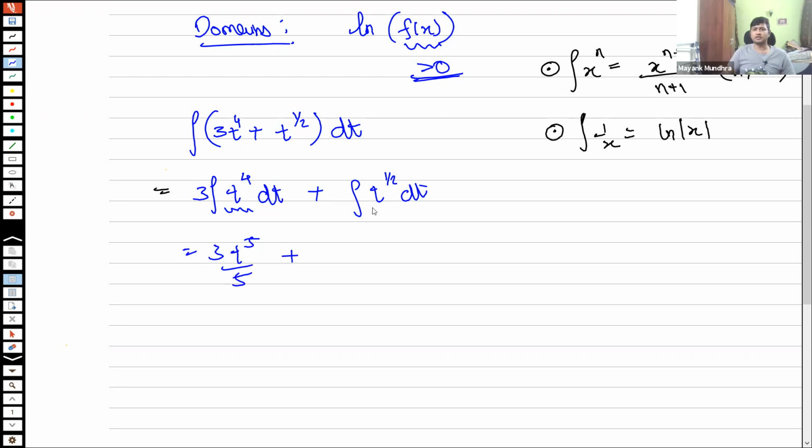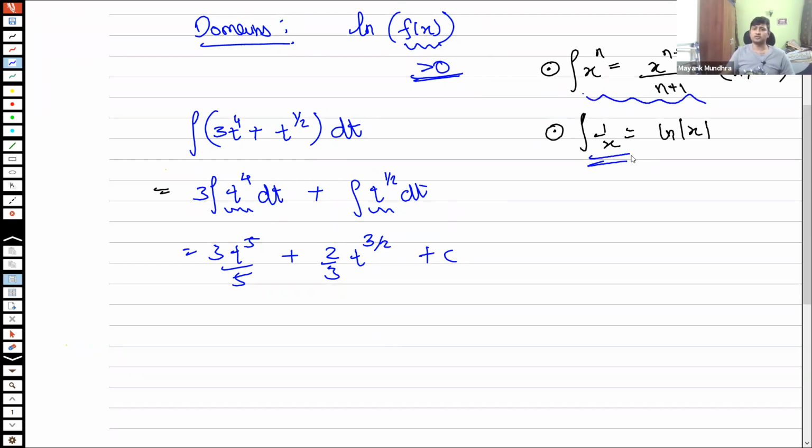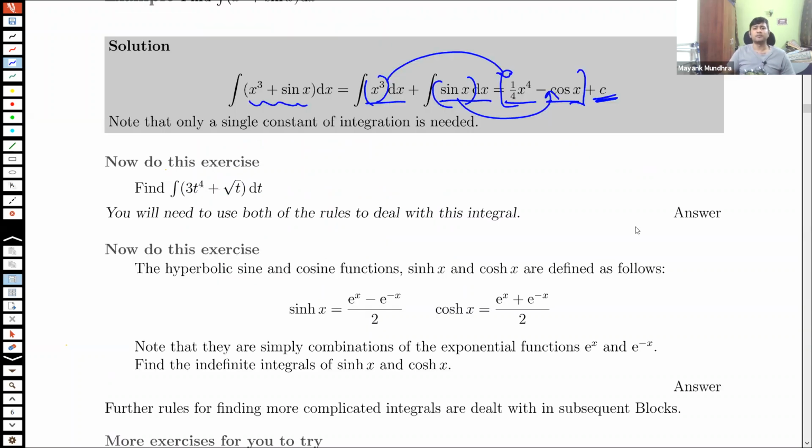And Kritika, what is integration t to power half? It is 2 by 3 t to the power 3 by 2. Very good. Plus c in the end. So this completes your result. We just needed this property because there is no 1 by x format. If I just know this property, that was sufficient here.